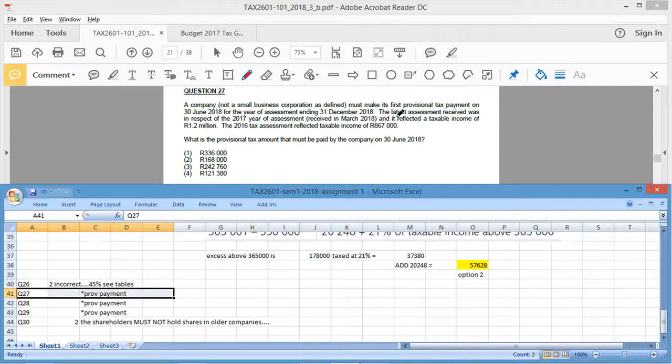The latest assessment received was in respect of the 2017 year of assessment, which is last year, and that was in March, okay? And it reflected a taxable income of 1.2 million. The 2016 tax assessment reflected taxable income of 867,000.